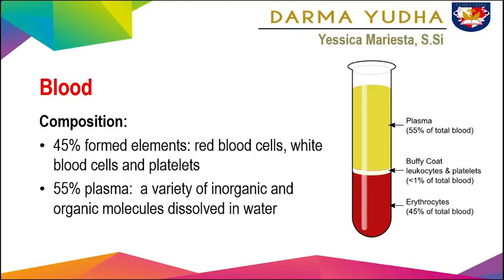While 45% of the blood consists of the red blood cells, white blood cells, and platelets. In this picture, you can see a red color there. The red color is the erythrocytes, or the red blood cells, which are around 45% of total blood. The leukocytes, or white blood cells, and the platelets are less than 1% of total blood, which is represented by the white color in the picture.